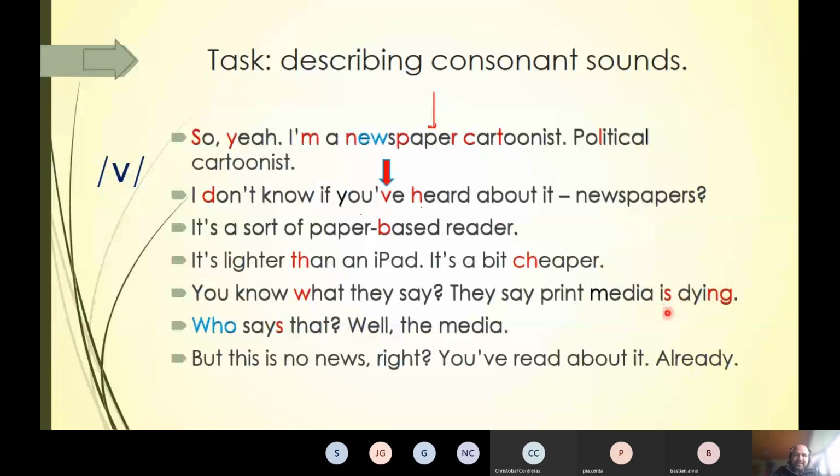So when we say is, we are actually referring to a voiced sound. Voiced, exactly. We're referring to this phoneme: is, was, says. All of them have this voiced sound, right? And finally, the last one, in dying, is also voiced, right?